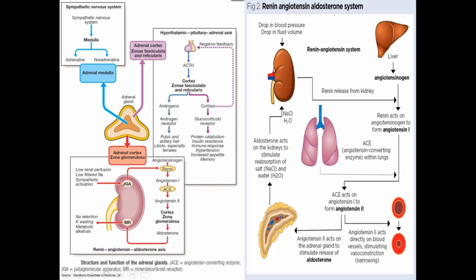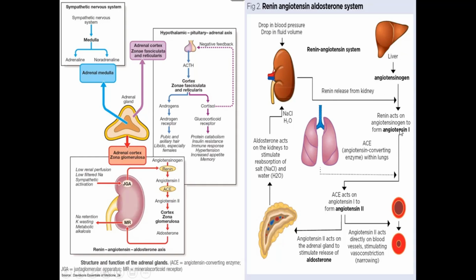Okay. Again, we come in here: a drop in blood pressure, a drop in blood volume, hypovolemia or hypotension or hyponatremia. All this causes renin release from the kidney. Renin is released from the kidney, angiotensinogen from the liver. Renin will convert angiotensinogen to angiotensin 1.